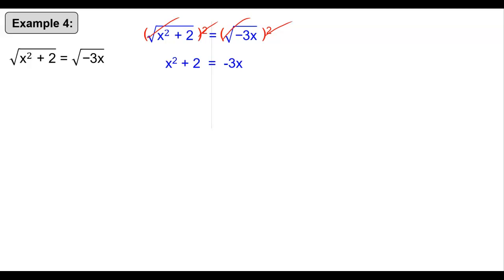Now, let's move over that negative 3x. What is the opposite of a negative 3x? Adding 3x to both sides. So go and do that. Plus 3x, plus 3x. And that plus 3x is actually going to go right there in the middle. So here's the deal. Usually you have the squared, then the regular x, then the regular number constant.